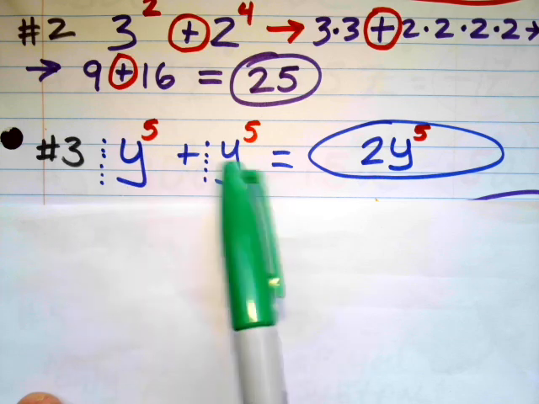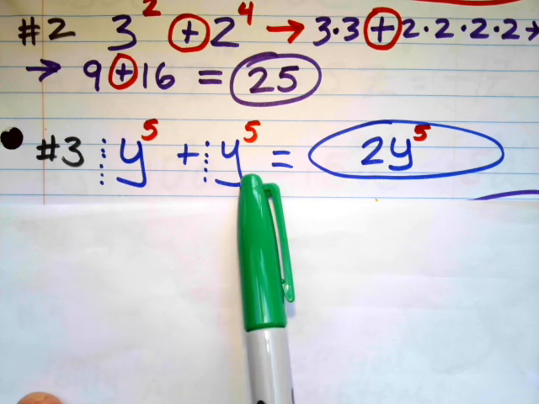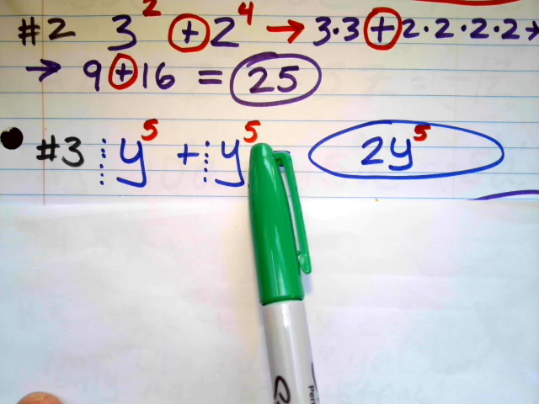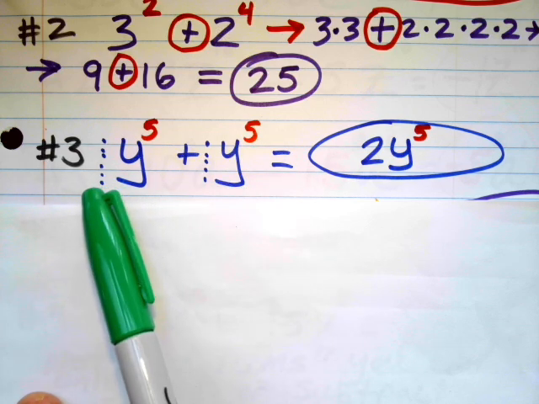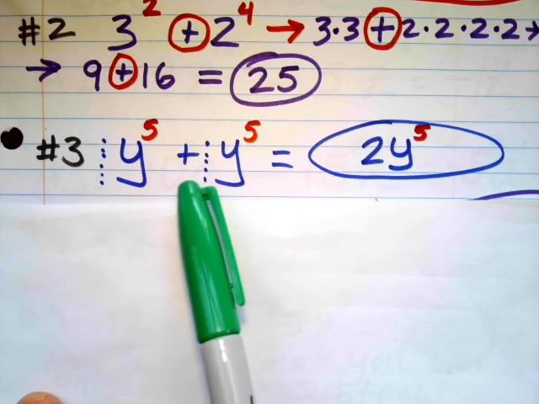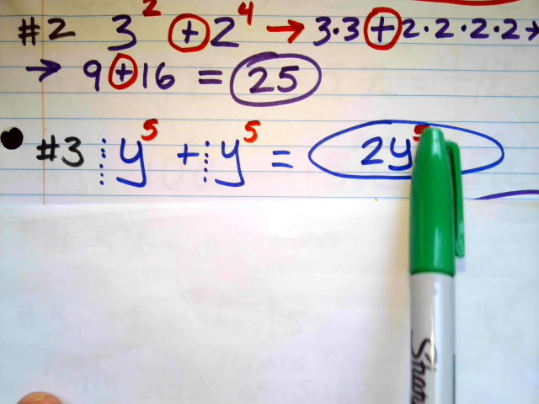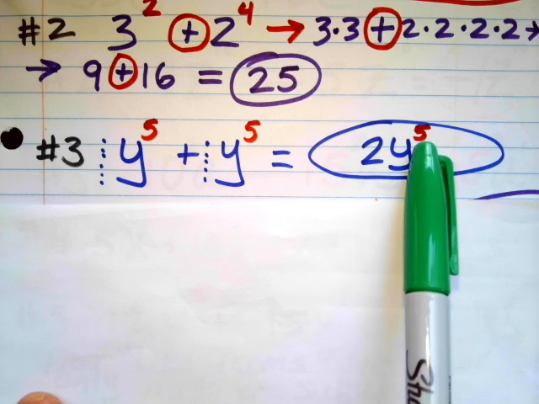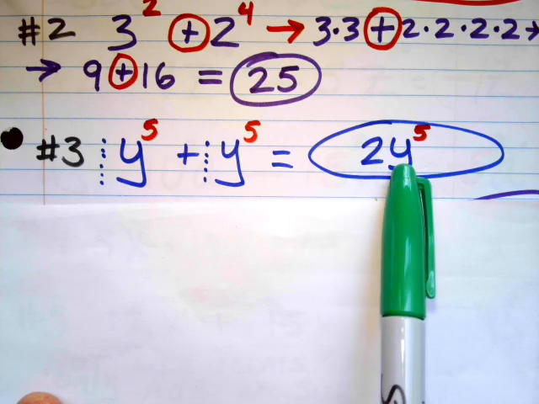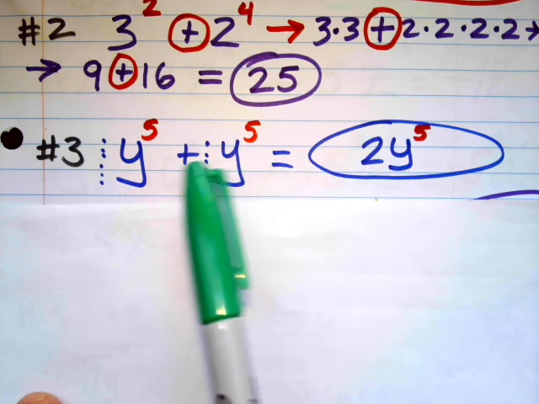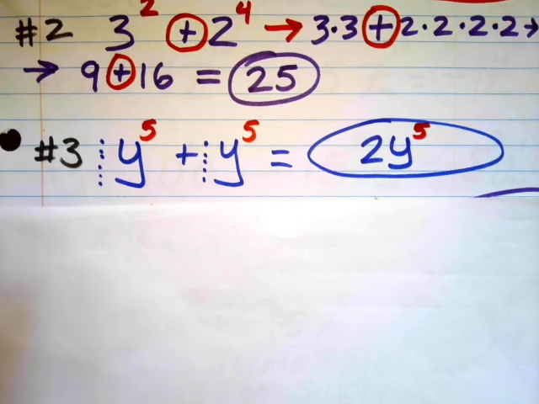So we check that the bases are the same, y and y, and the exponential powers are the same. We can add these two coefficients, the numbers in front of the y. 1 plus 1 is 2, and then we keep the same base to the same power. The 2 and y are attached through multiplication, so they just stay with the answer.